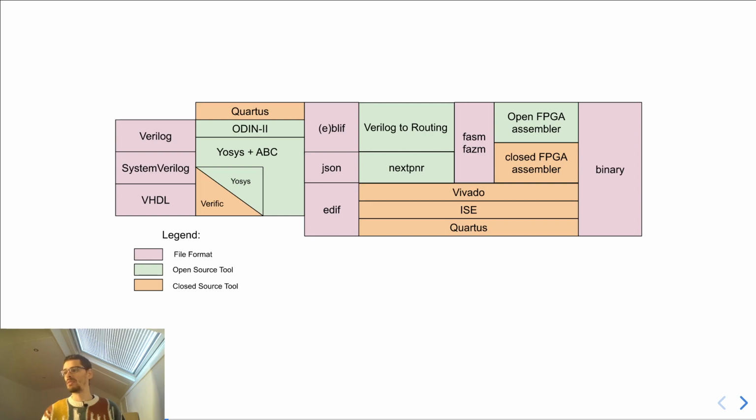Again, this can be done with commercial tools or open source, in this case nextpnr, which then produces another netlist file with place and route information, which you can then feed to a bitstream assembly program that actually makes the binary for your FPGA.